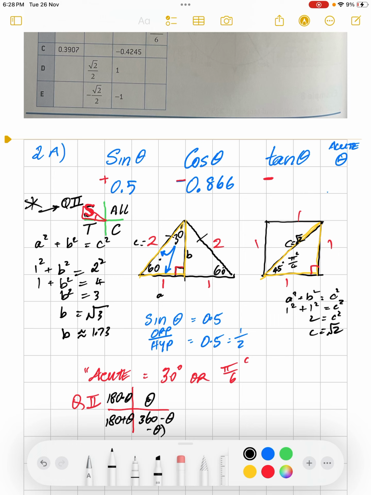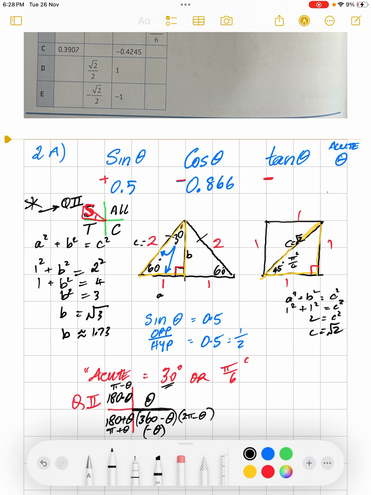Notice it's always to the x-axis, 0 or 360. Of course, if it's radians, we'd say pi minus theta, pi plus theta, 2 pi minus theta. So it depends if we're dealing with radians or degrees.